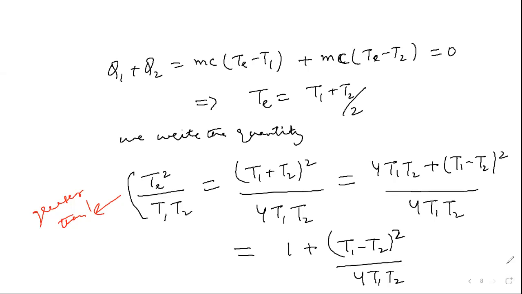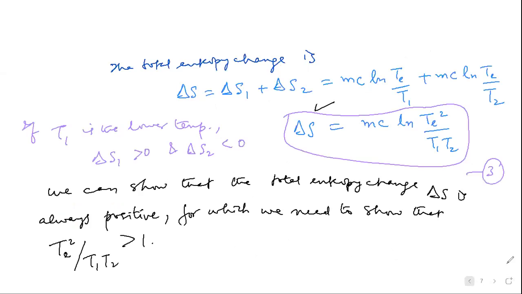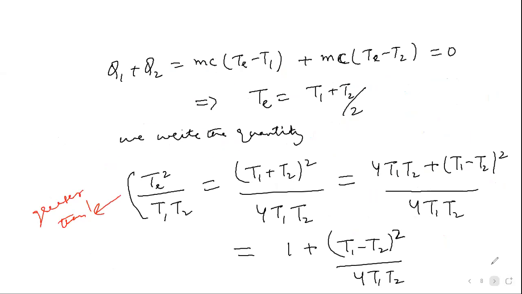So we showed this total change in entropy is always positive. That means what? The entropy always increases. Change positive means the quantity always increases, right?